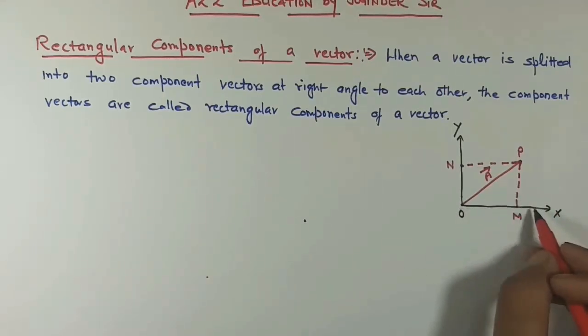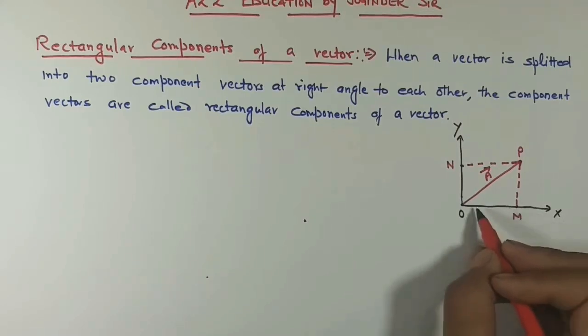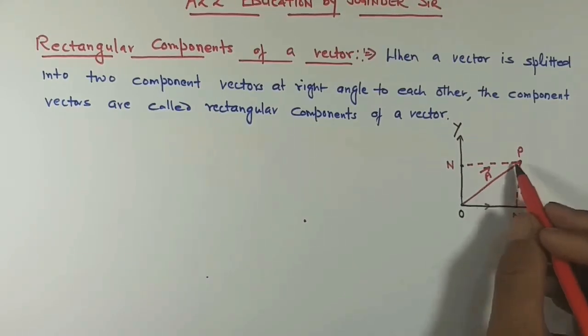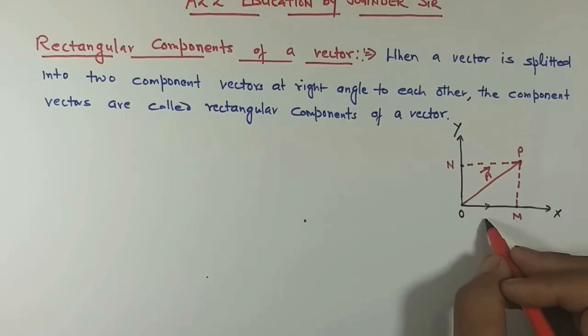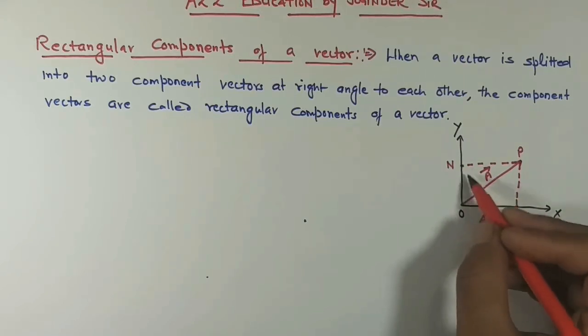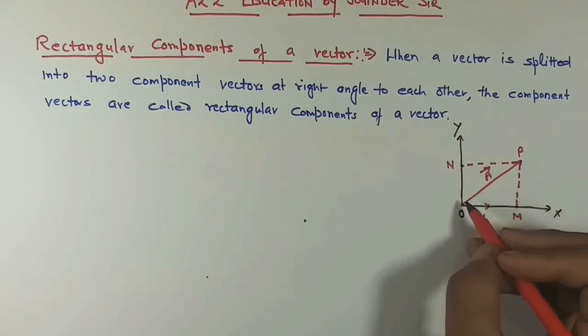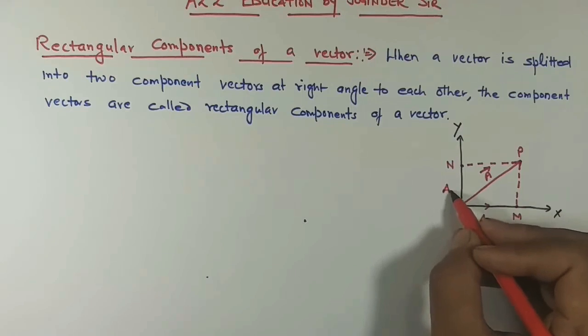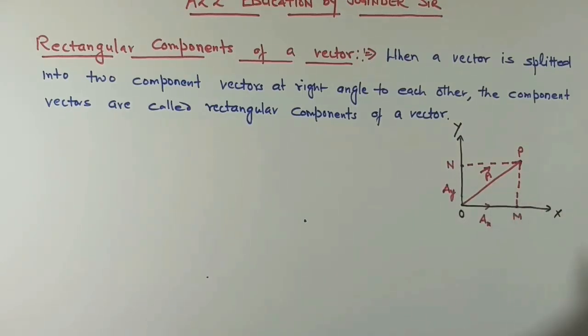तो यहाँ पर ये जो हमारे पास OM की डिस्टेंस है, this is the first component of A. इसको हम रिप्रेजेंट करते हैं AX से, and ON is the second rectangular component. इसको हम represent करते हैं AY से because it is along y axis.